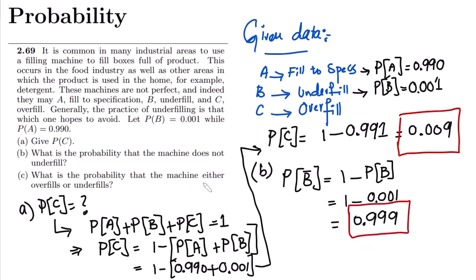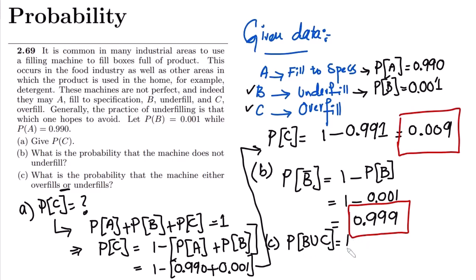Similarly, what is the probability that the machine either overfills or underfills? I have previously told you that wherever I get this or, I will have to use the union notation. So here let me use the condition that the machine either overfills or underfills. Overfill and underfill, these two are given here. So I have to write probability of B or C, or any one of them.